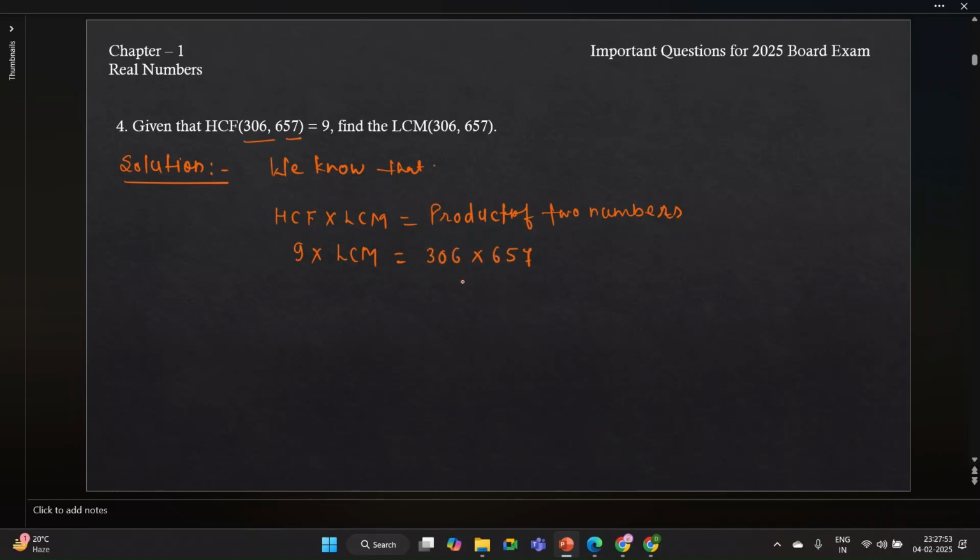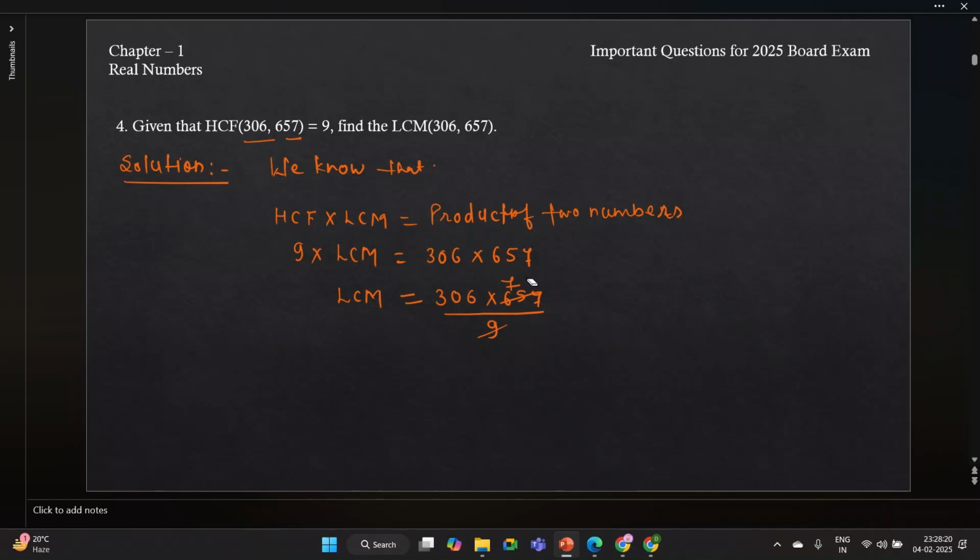Don't directly multiply it, okay? We have to just cancel out and then we will multiply. So 657 divided by 9, okay? If you are dividing this, 9 times 7 is 63, and 2 is here, so it would be 27, right?